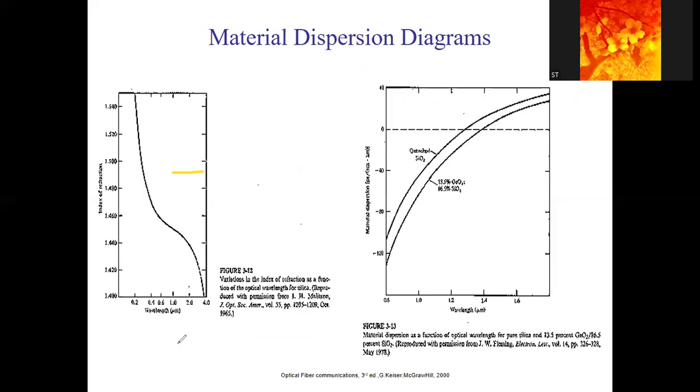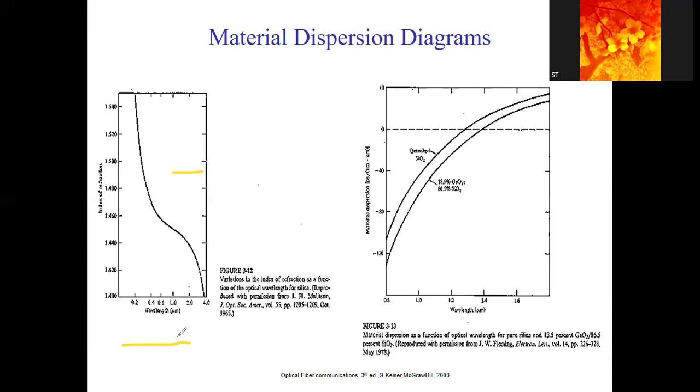This graph shows the refractive index as a function of wavelength. Here you can see that as the wavelength increases, the refractive index changes. This case study is done using the optical wavelength of silica material.